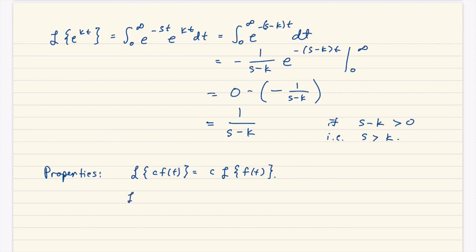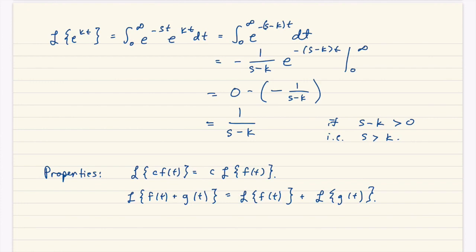But the Laplace transform also has the property that if you add two functions and take the Laplace transform of that addition, it is the sum of the Laplace transforms: the Laplace transform of f plus the Laplace transform of g. This follows just by writing out the definition, using properties of integrals, and then recognizing those integrals as Laplace transforms.